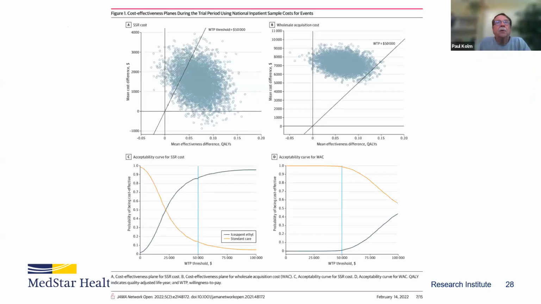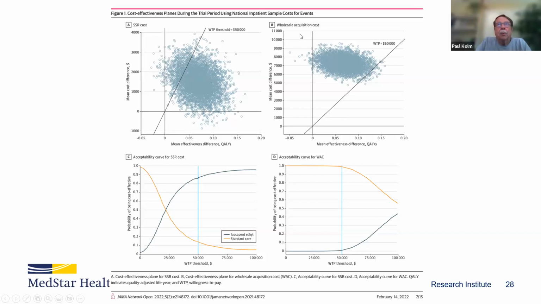And then this is how our graphs appear in the study. So in top here at the A and B, we have our cost effectiveness plane, along with our willingness to pay threshold of $50,000 in there. And the first one, panel A, is the SSR cost of $4.16 a day.